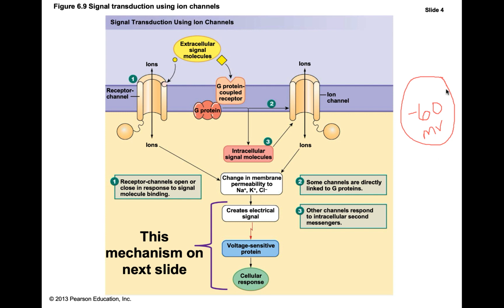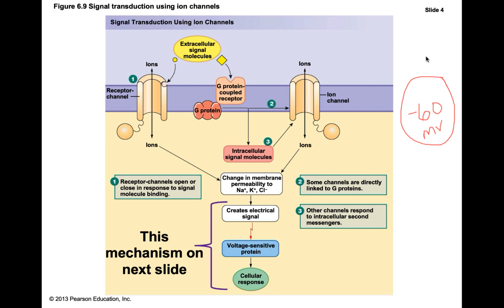All cells in your body are at a nice, even negative 60 millivolts. That is the inner voltage compared to the outer voltage. So it is safe to say the inside of your cell is 60 millivolts less than the outside of your cell.